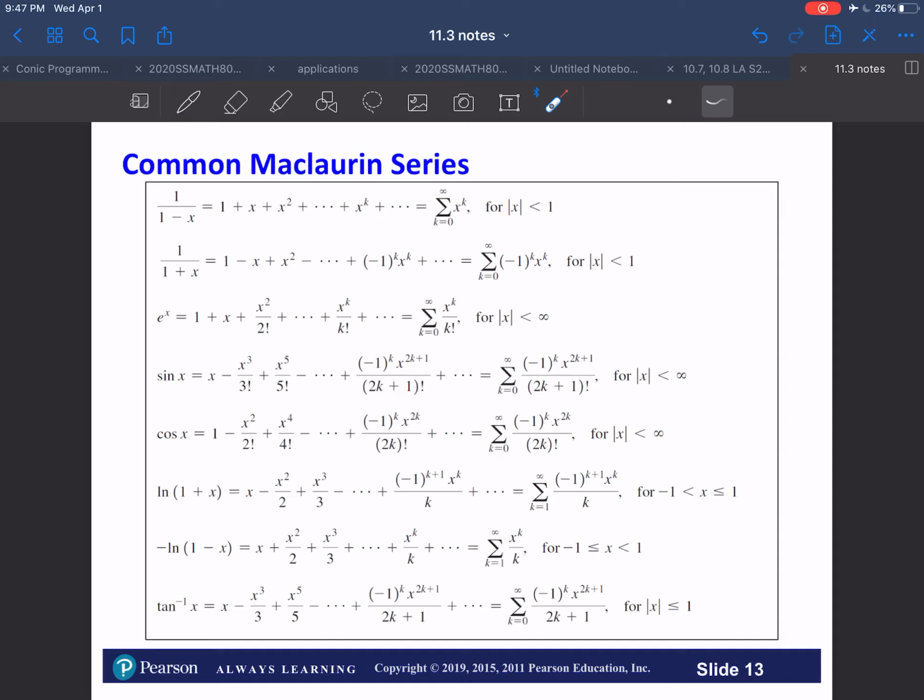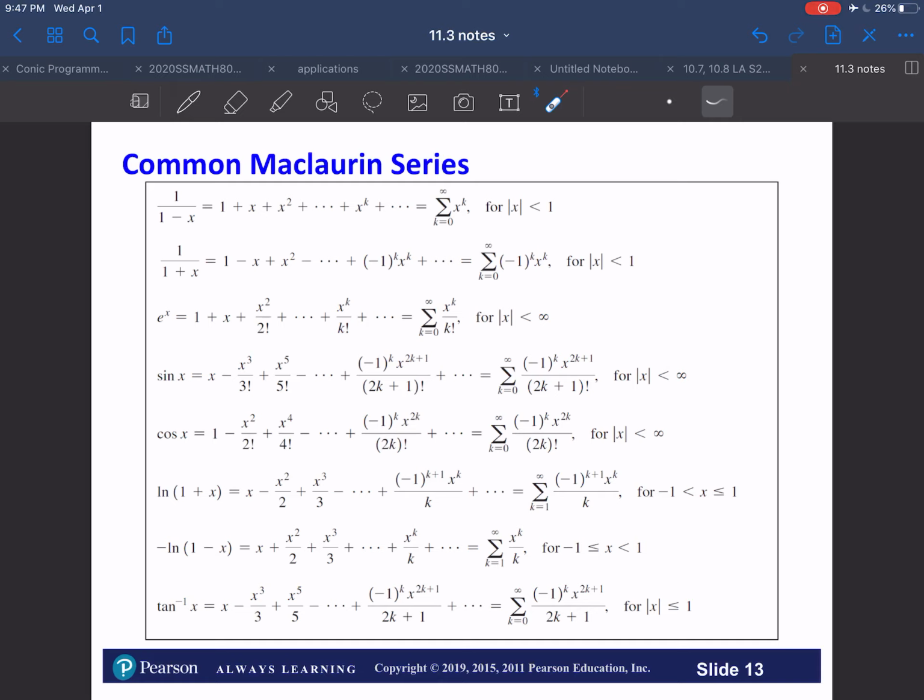This is one we discussed a little bit in section 11.2. Its power series can be written like this. Negative natural log of 1 minus x can be written like this guy. And the inverse tangent function is one we discussed a little bit in 11.2 as well. It can be written like this. And yeah, lots of different functions.